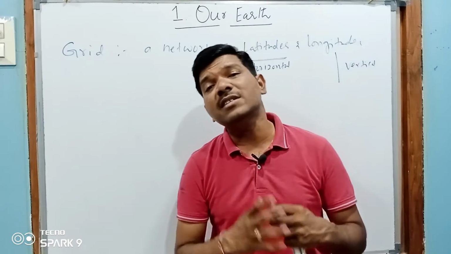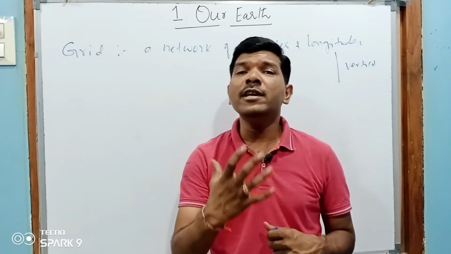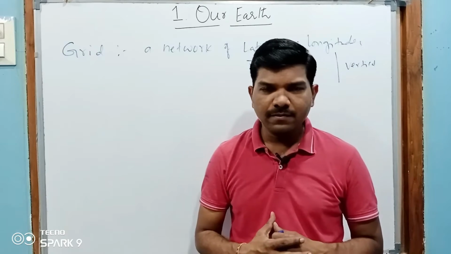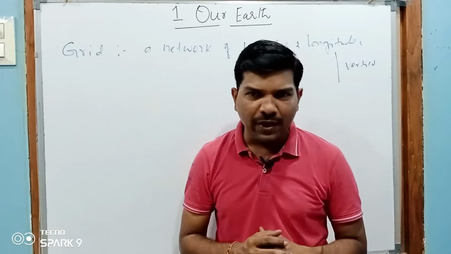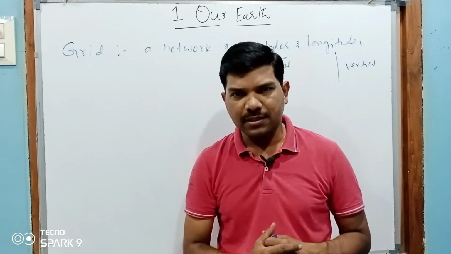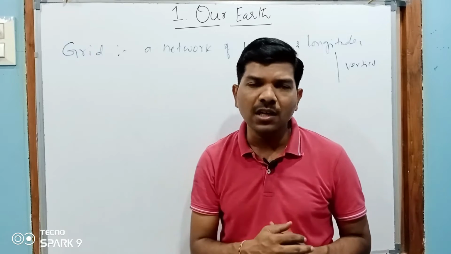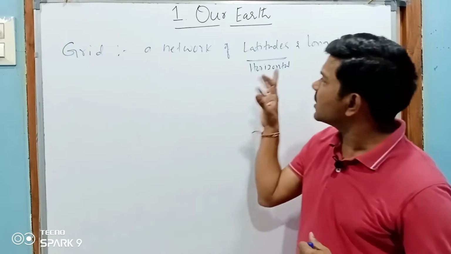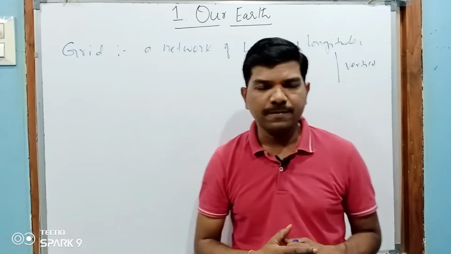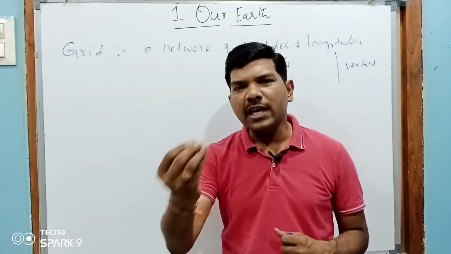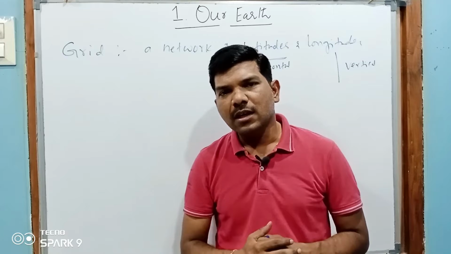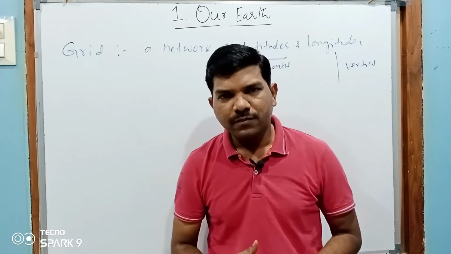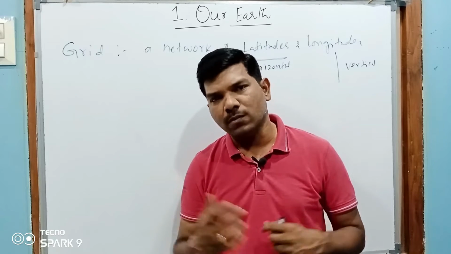Sir, what is the use of this grid? Why do we need to learn about it? See children, it is very difficult to identify a place or a particular location without knowing these horizontal and vertical lines. Take any atlas and try to find a location you do not know.